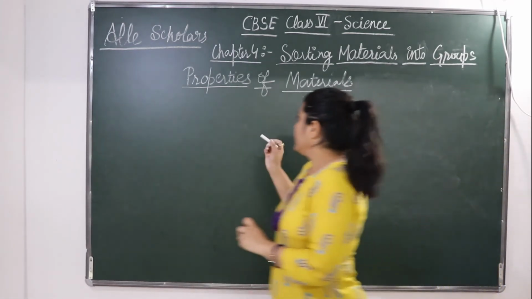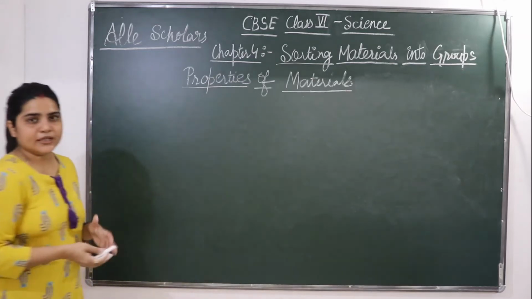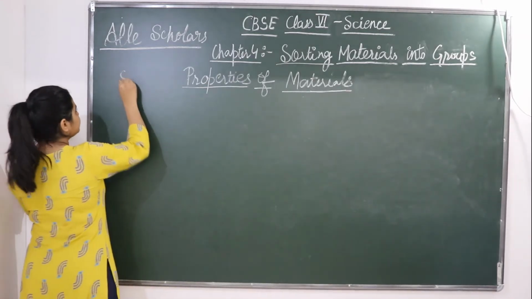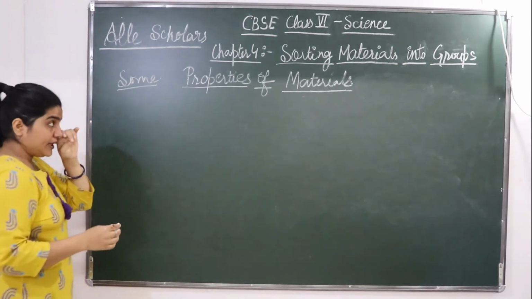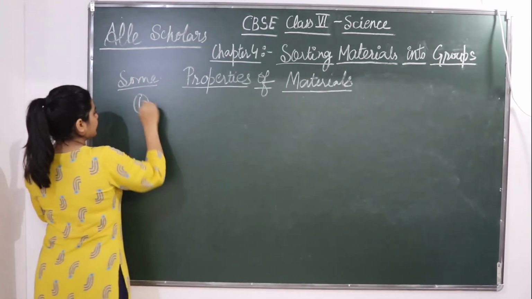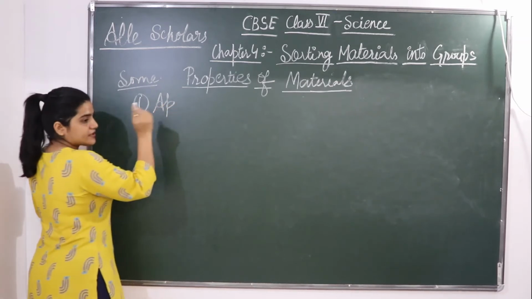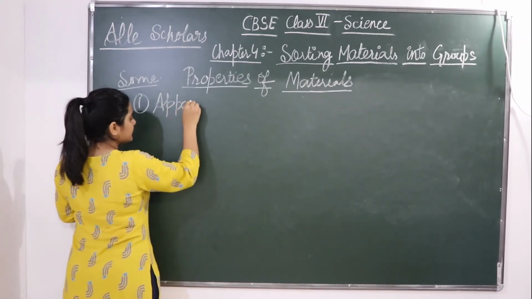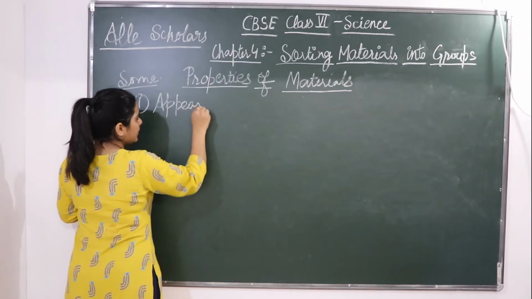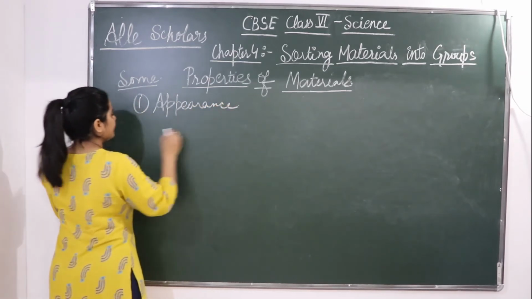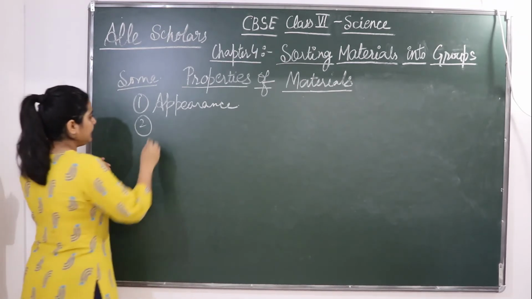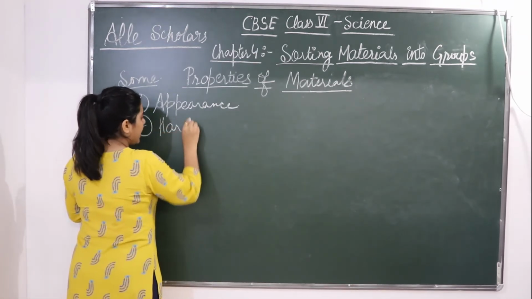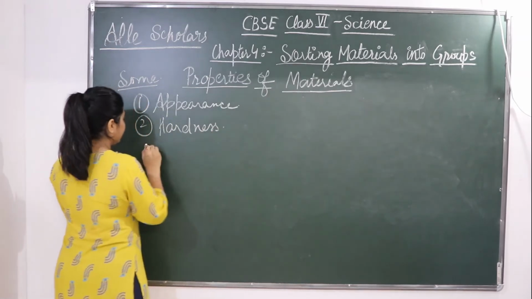Okay, so some properties of materials on which they can be broadly classified. First we will discuss the appearance, how they look. Then we are going to discuss their hardness, whether it is hard or soft.